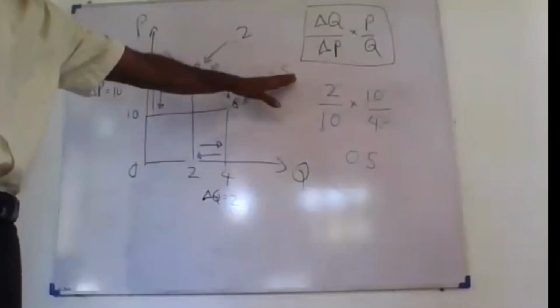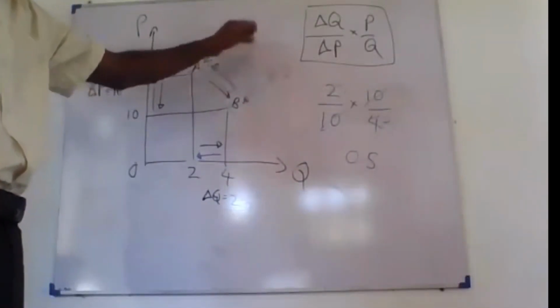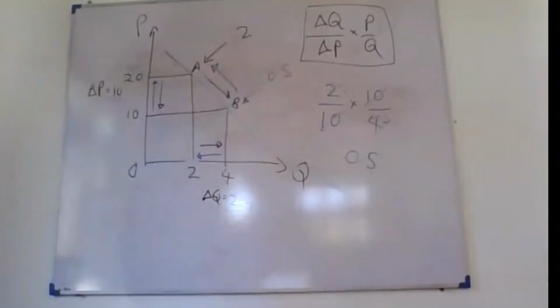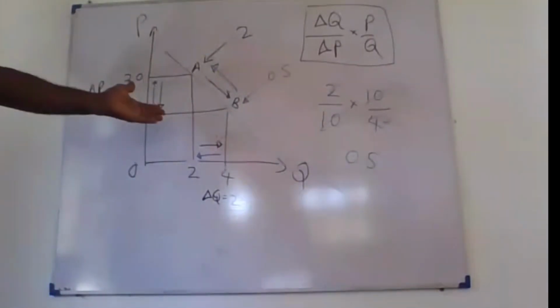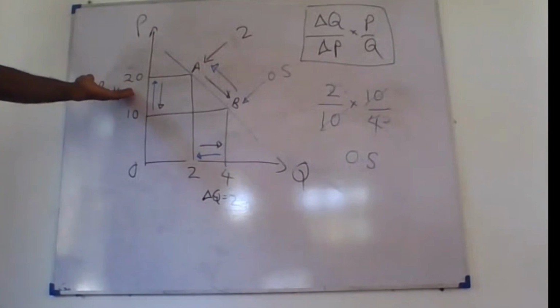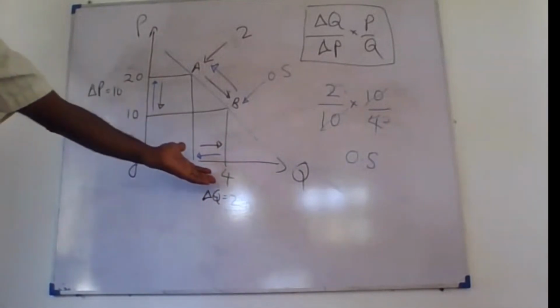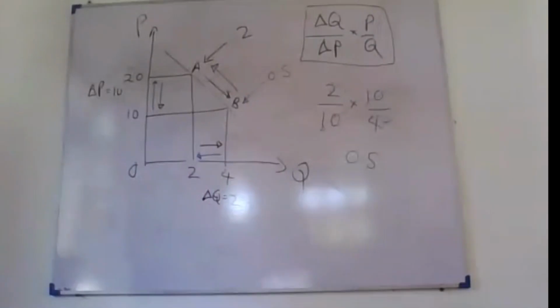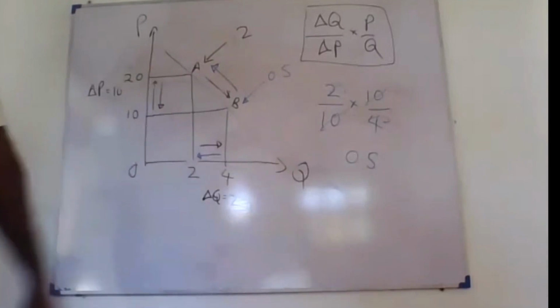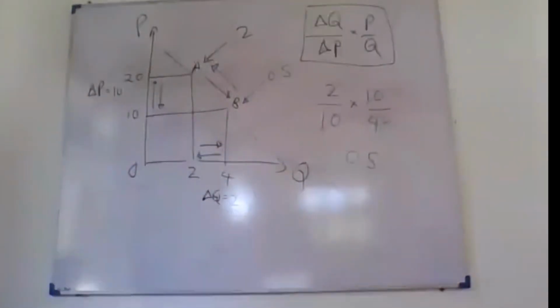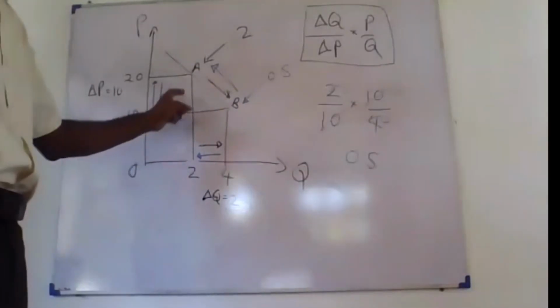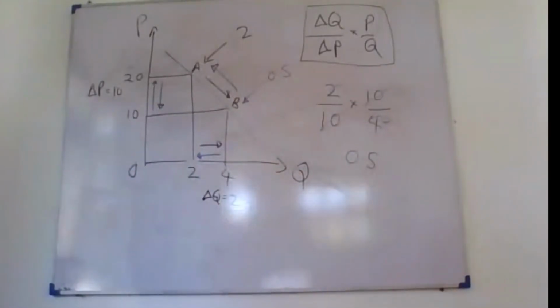And here it is inelastic, here it is elastic. Then we are having another problem, because we are having the same change in price, same change in quantity, still we are getting different values. And this problem arises because of this point elasticity.